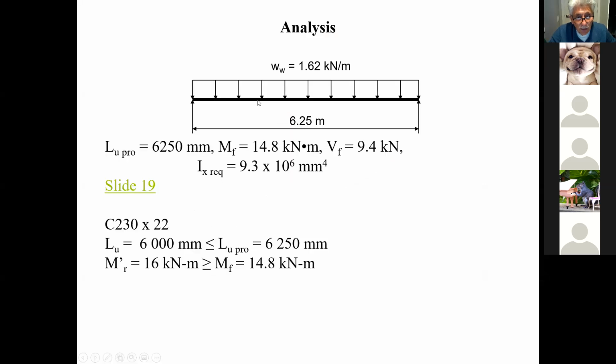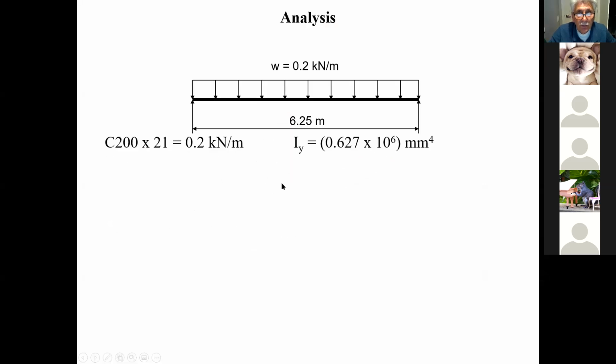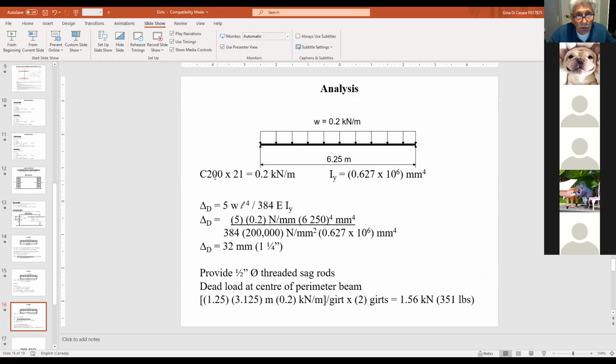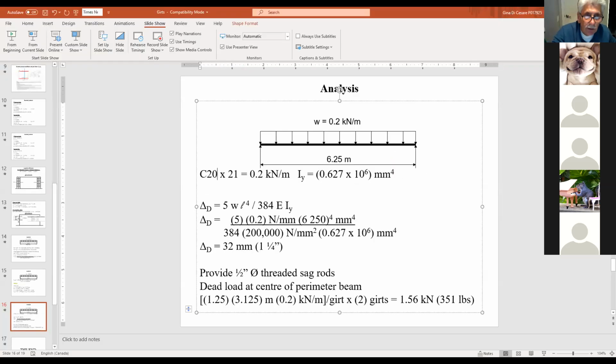So now what I want to do is, I should escape. I shouldn't have done it this way, so I'll do it this way. This is C230 by 22. Now, this channel is going to weigh 1.29. I get this straight from my steel book. This is how much this channel weighs, 1.29 kilonewtons per meter.